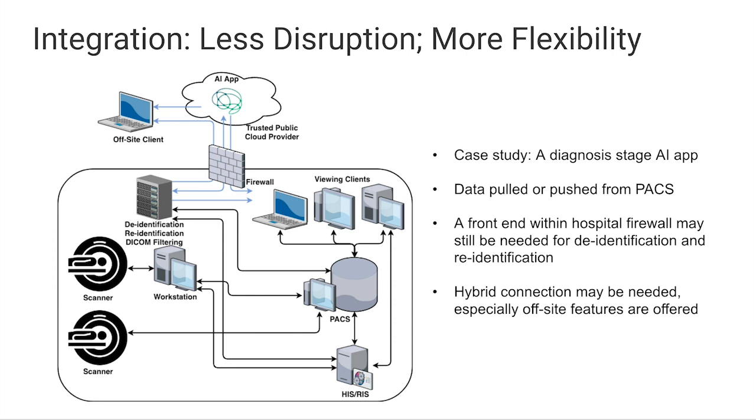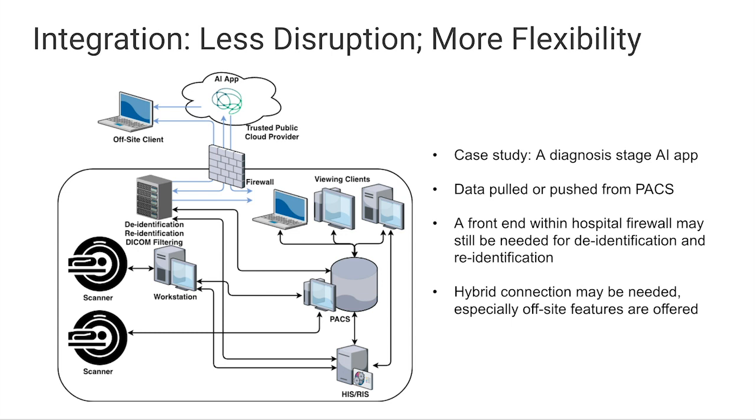This automatically requires a direct connection between the viewing clients, either the software or these computers, to your app's internal server or cloud server. Typically, data is still pulled from PACS instead of being pushed directly from scanner.